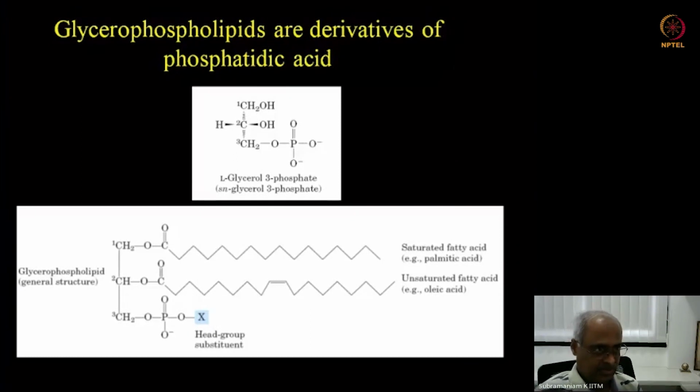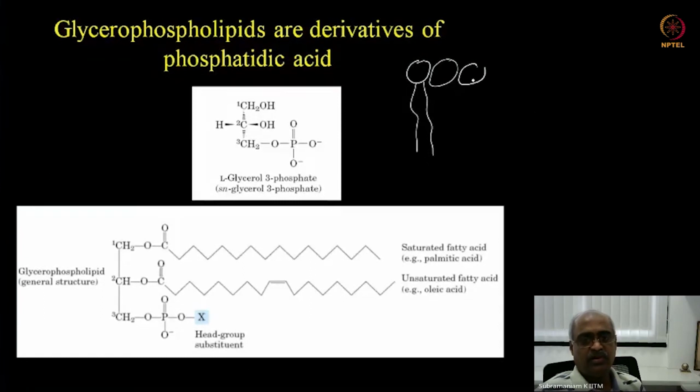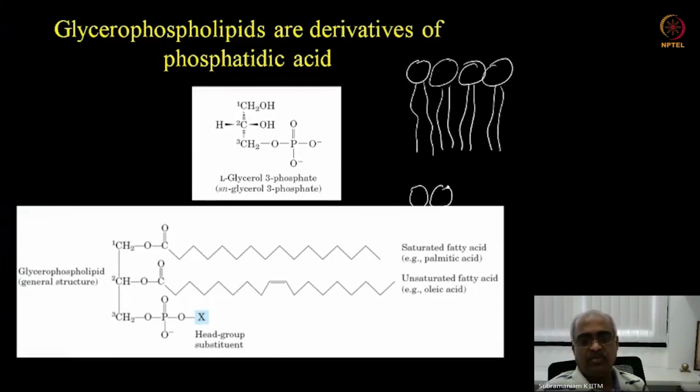Just to make sure nobody has confusion, I'll draw this again. So you have the two acyl groups and the head group, where in phosphatidic acid it is simply the phosphate and it could be derivatized. So you have one leaflet like this, and then you will have one more leaflet as well.